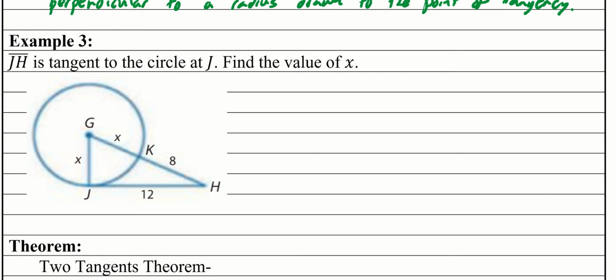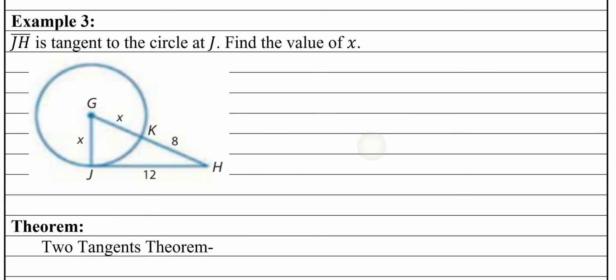So if JH is tangent to the circle at this point, like we just said, we know those two lines, the radius and the tangent line, are going to be perpendicular. So now this means I have a right triangle. And if I want to set up an equation to solve for x, I need to use what we've talked about a bunch in the past, which is the Pythagorean theorem.